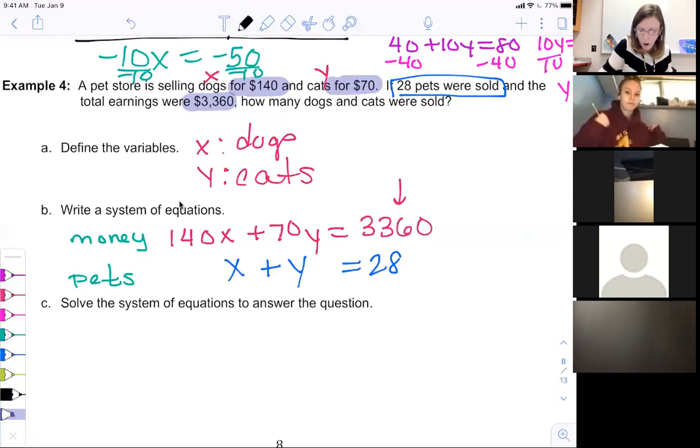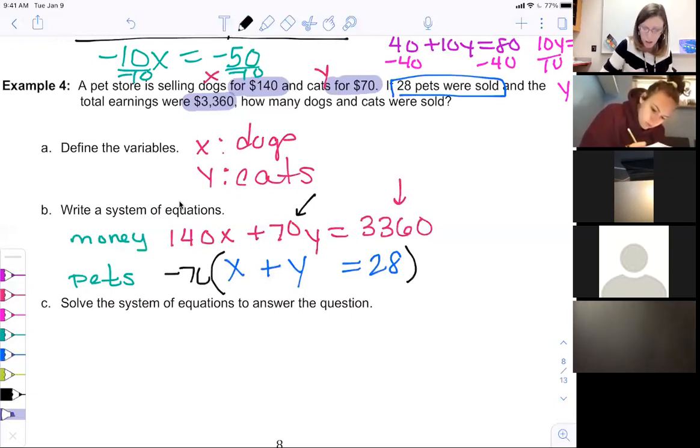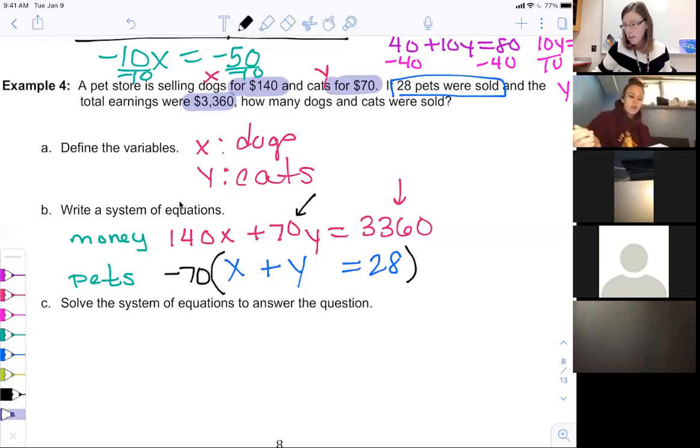So notice that Y has a smaller number in front of it. I know these are big numbers to begin with, so we're going to need a calculator. If there's a 70 in front of Y and I want to eliminate Y, I need to multiply the second equation by negative 70. Again, the goal here is to try and use the smaller numbers. That's why I chose to eliminate the Y. Might need a calculator here.